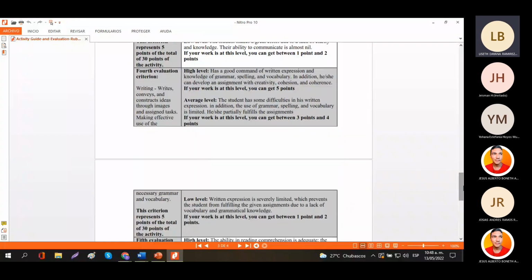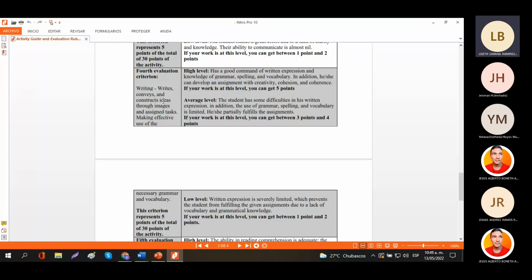The fourth evaluation criterion, writing: conveys and constructs ideas through imagery and syntax, making effective use of the necessary grammar and vocabulary.